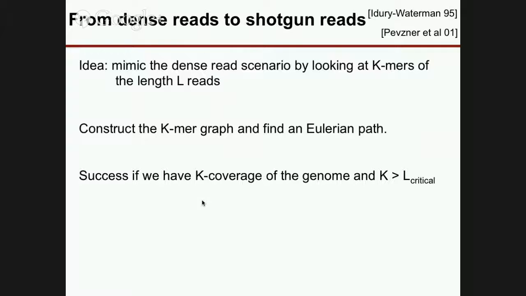You may have a read here, a read here, a read here, and so forth. Now, the idea was to essentially mimic the dense read scenario by looking at k-mers of length L. Okay? So the idea is that you want to create this situation, but you don't have the situation because you don't have that many reads.